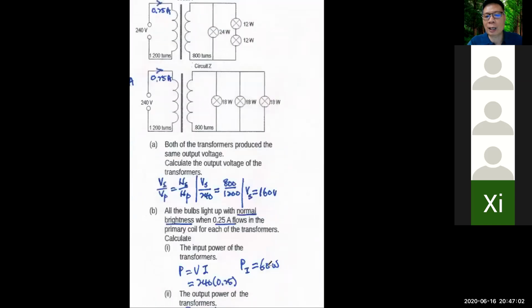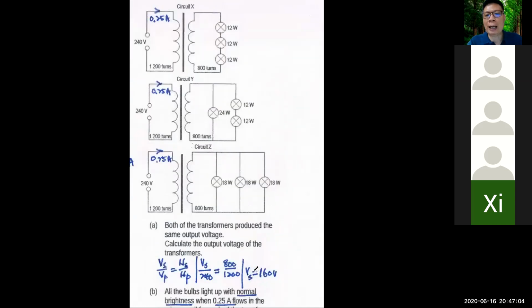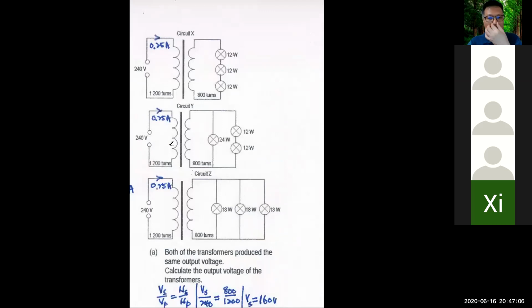Okay, 60 watt. But now I want to tell you, everyone's input is 60 watt. The power is 60 watt, right? But the output now, you see the output like this, you know. The output power, not the voltage, is power, is watt. What you see like this, you don't care if it is series or parallel.